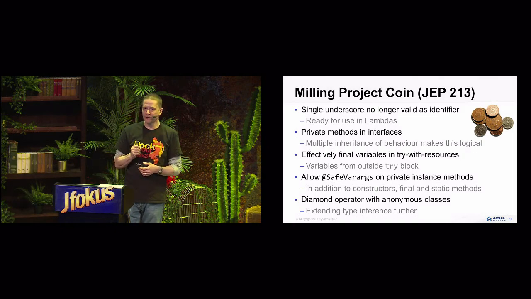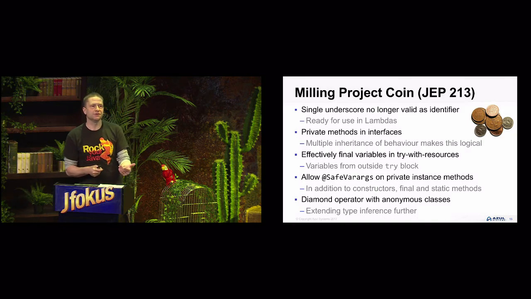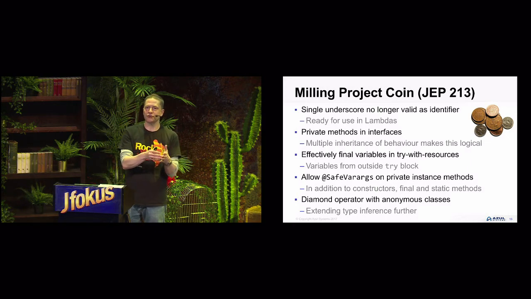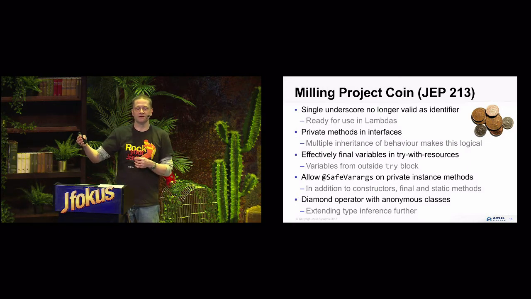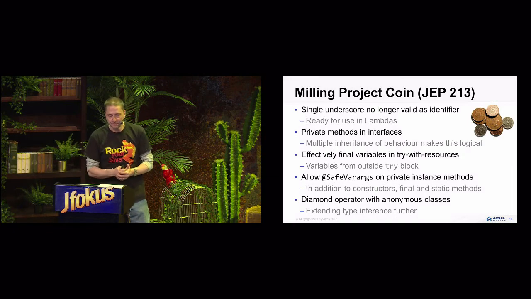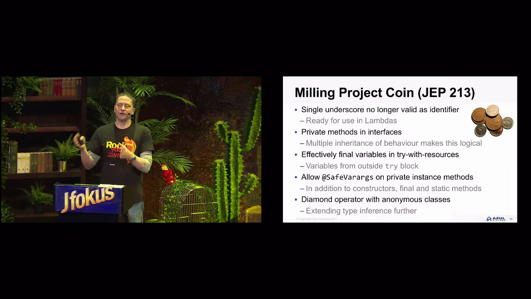Diamond operator with anonymous classes. Diamond operator was the simplification and the improvement of type inference that we had, so that if you have a list of type string and you assign it to an array list, you don't have to specify it's array list of type string again, because the compiler will know that the array list has to be of type string. What you couldn't do is use the diamond operator if you had an anonymous class.